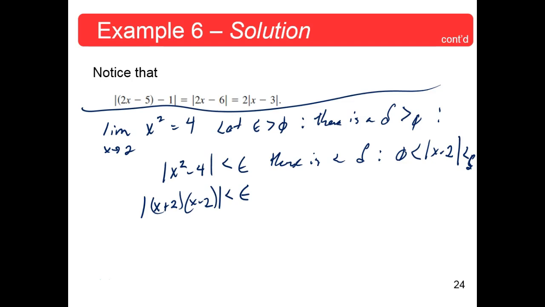To find the appropriate delta, we start by doing just what we did, only we're going to take it one more step. This is actually the absolute value of x plus 2 times the absolute value of x minus 2.